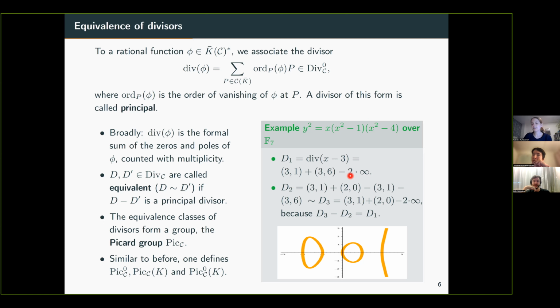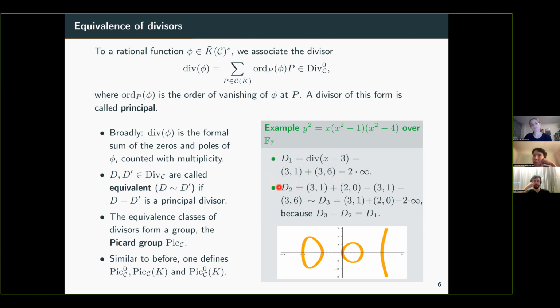And then something that's not easy to see from the affine description of our curve: the function x minus 3 also has a pole at infinity. So we have to subtract 2 times the point at infinity. So this is now a principal divisor. I forgot to say that, but divisors of this form are called principal.